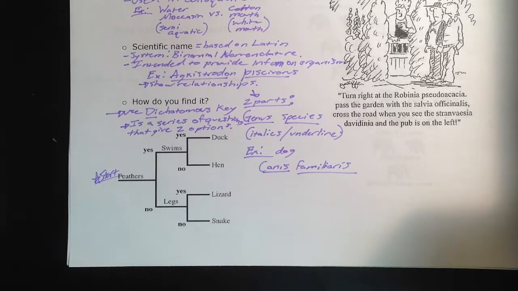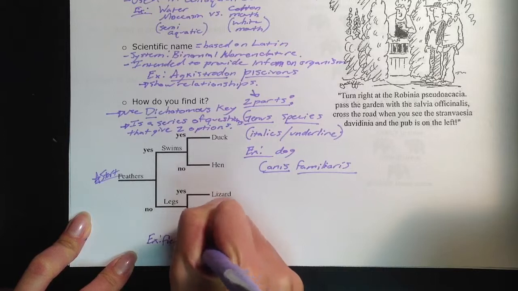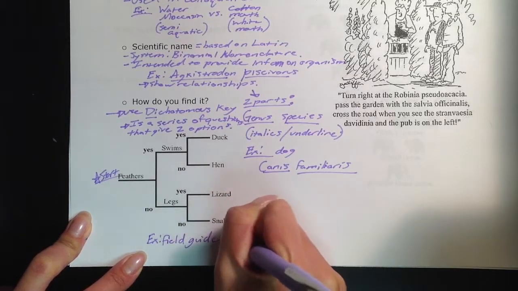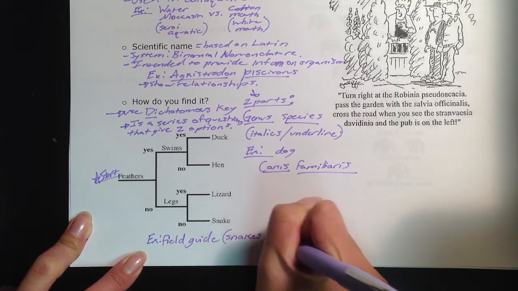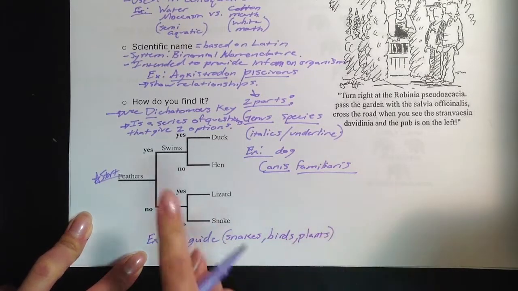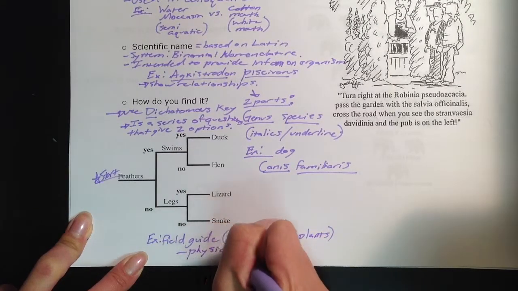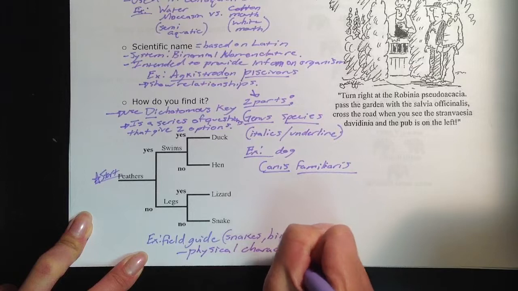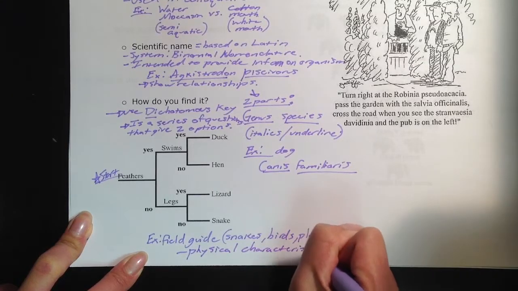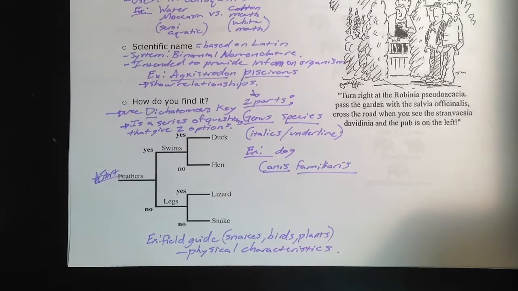But other times you can see a dichotomous key. An example of a dichotomous key would be a field guide, for example, for snakes, birds, plants. They will often provide you with physical characteristics for you to choose from, and then that gives you the common name of the organism, or sometimes the scientific name as well.